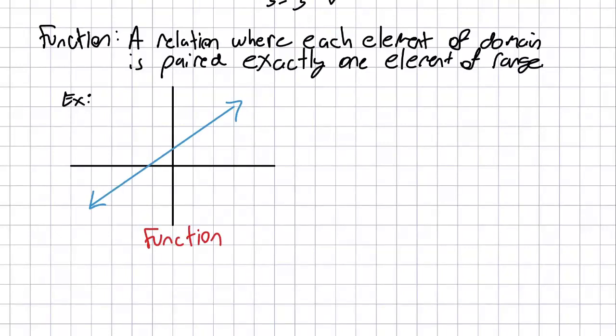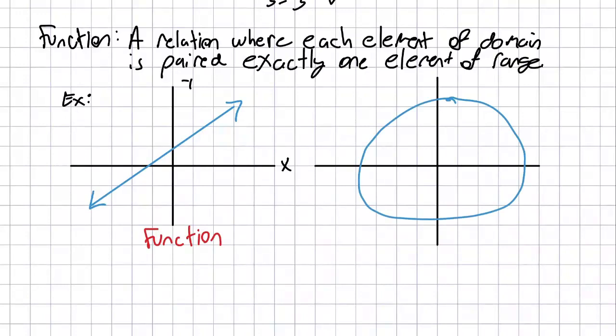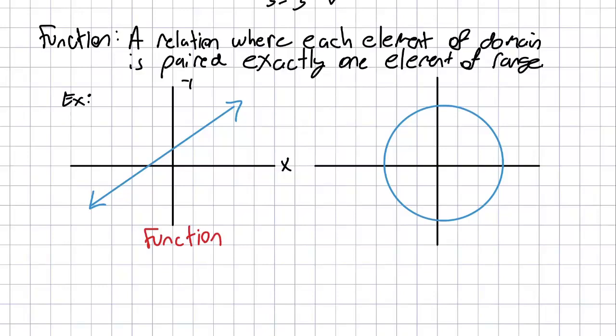An example of not a function: you have something like this. Just looking at it, you know that this cannot be a function because there are x coordinates that have more than one y coordinate.